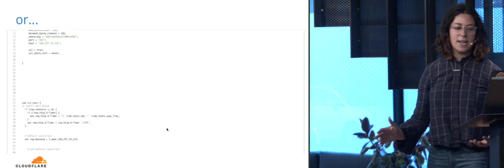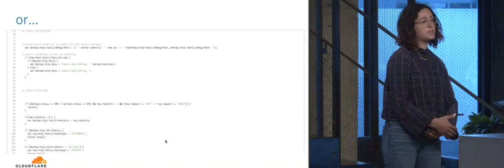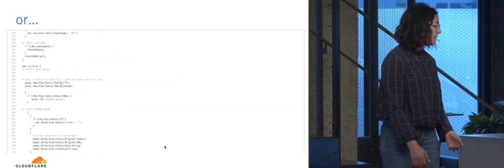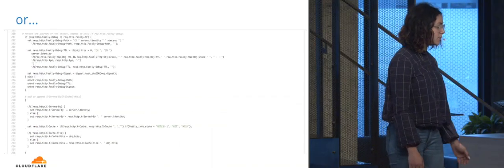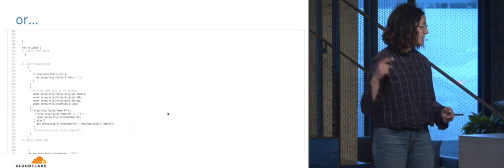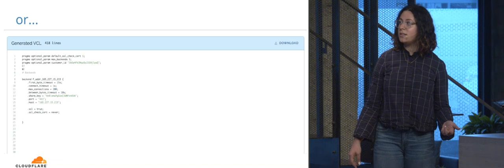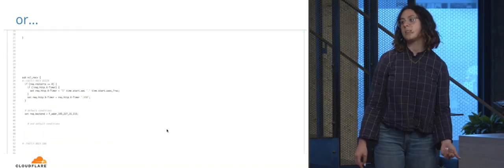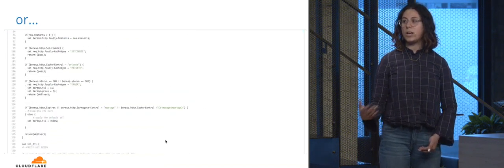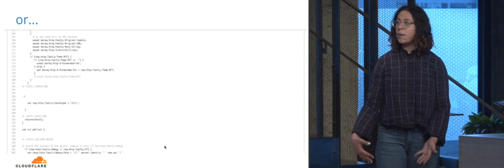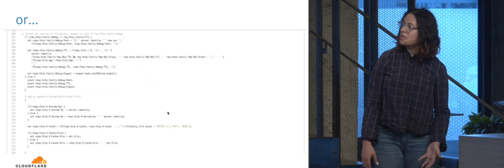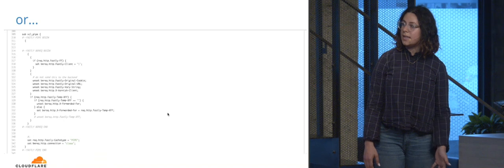The other way is that with some other providers, you can use VCL, but VCL is very cumbersome. All this text that's scrolling through is the base configuration, and it doesn't actually do very many things. What I found when working with a lot of customers who were transitioning away from VCL is that a lot of them didn't really know what most of it did.